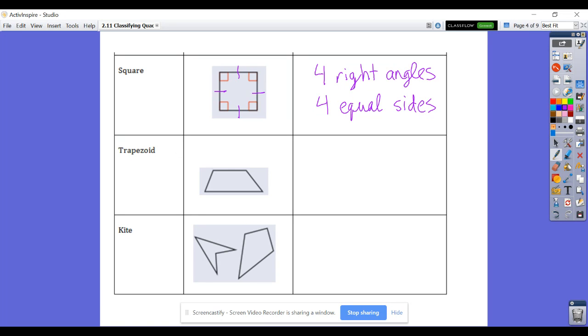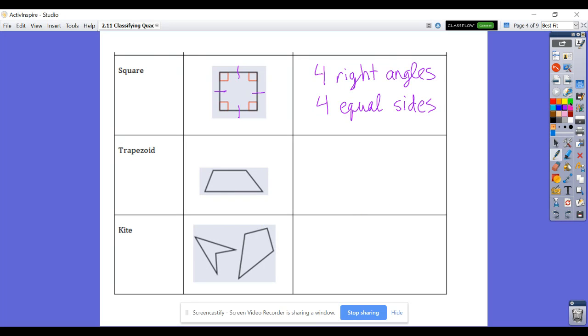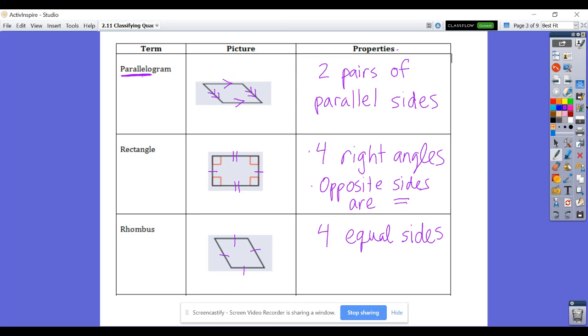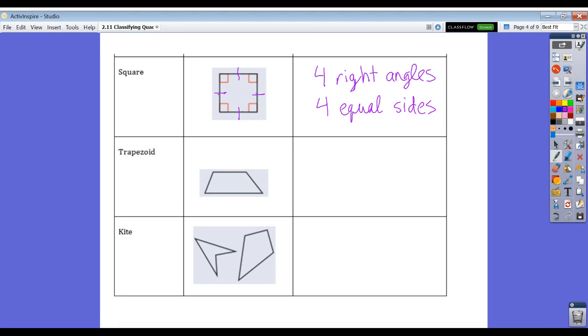So kind of interesting to think about. Is this square a rectangle? Well, we said for something to be a rectangle, it had to have 4 right angles. That's true. And we also said it had to have opposite sides are equal. Opposite sides, that equals that, and that equals that. So a square is a rectangle.